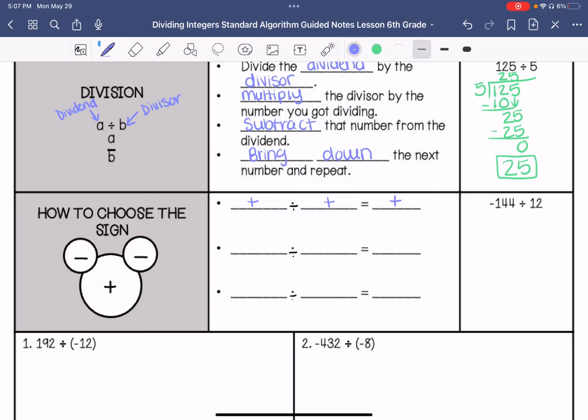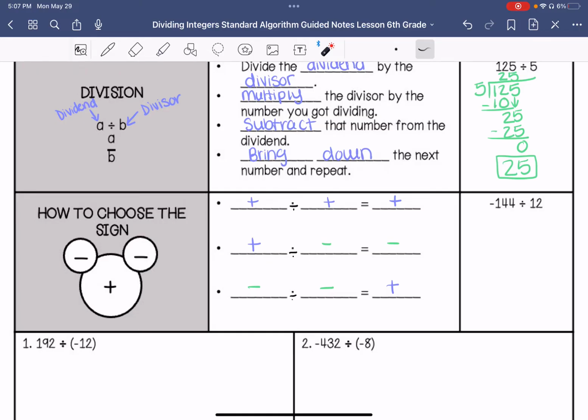If we have a positive divided by a negative, it is negative. And if we have a negative divided by negative, it is positive. And we can use this model over to here to help us. So if we are doing a positive divided by negative, our answer is negative. And if we're doing a negative divided by negative, our answer is positive.